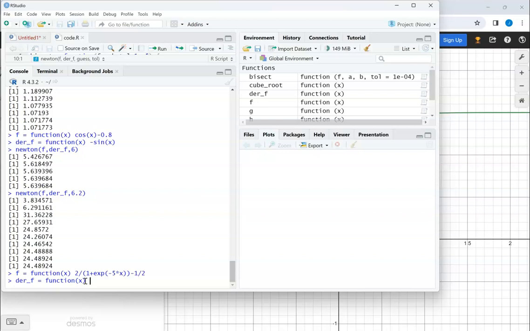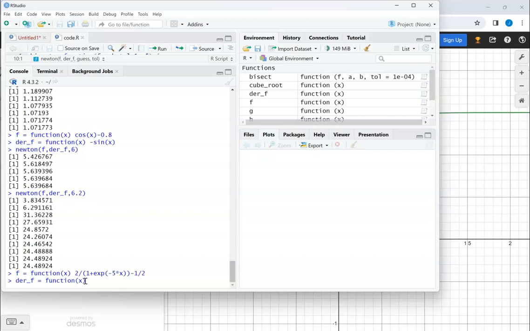So I have basically 1 plus e to the -5x to the -1 is what I need to take the derivative of. So I'd have a -1, 1 plus e to the -5x to the -2, and then times a -5e to the -5x. Chain rule, right? And then I've got the extra 2 that would be there because there was a 2 on top, right?